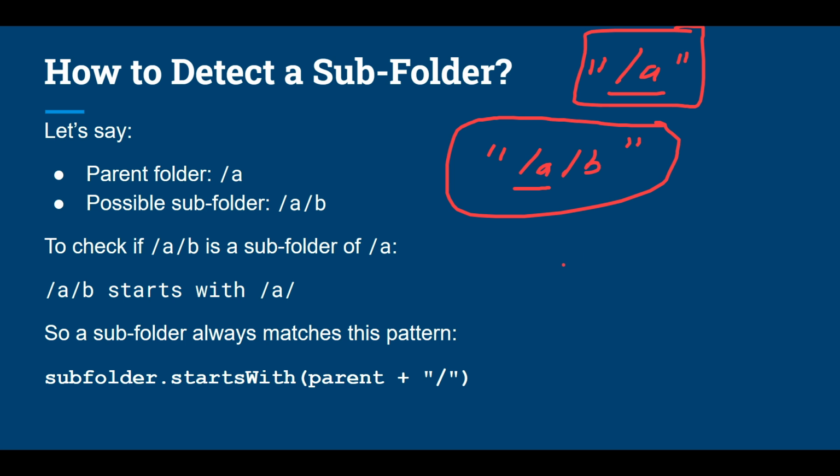Let's understand with an example. I'll say Navneet, this is a name. I want to check if it starts with NAV. Let's say I'll add another name like Navi.